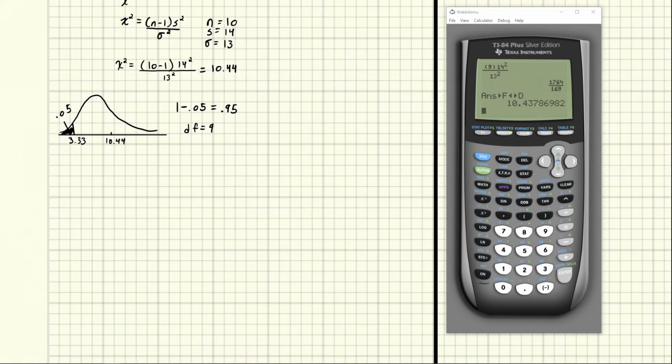So the next step, at least for Punselin's class, is he wants you to clearly identify the critical value and the test statistic. And so our critical value is 3.33, and the test statistic, test stat, is the one we calculated at 10.44.